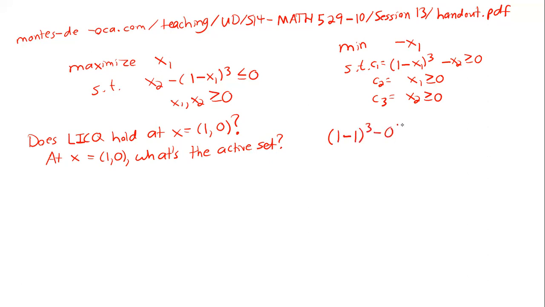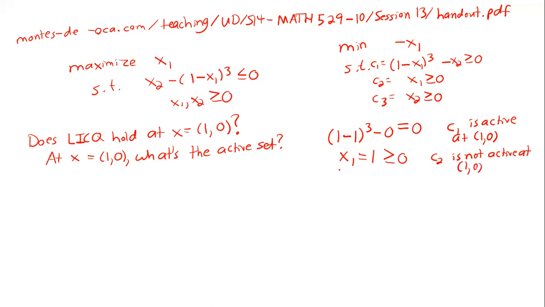This constraint is equal to 0, so C1 is active at (1, 0). Then the second constraint: this gives x1 equal to 1, which is greater than 0, so C2 is not active at (1, 0). Finally, x2 is 0, which is equal to 0, so C3 is active at (1, 0).